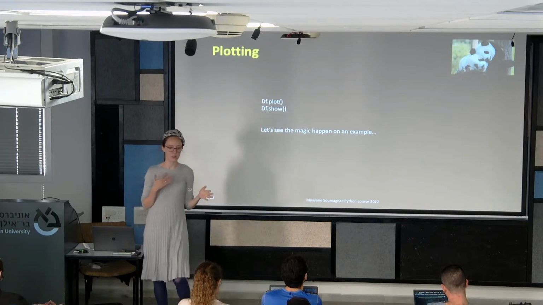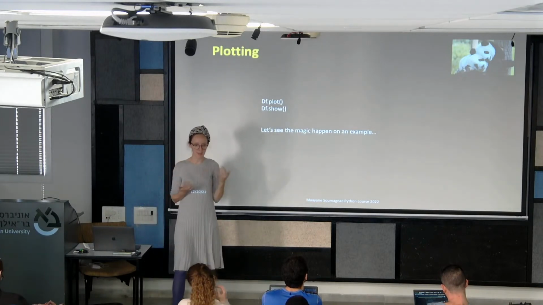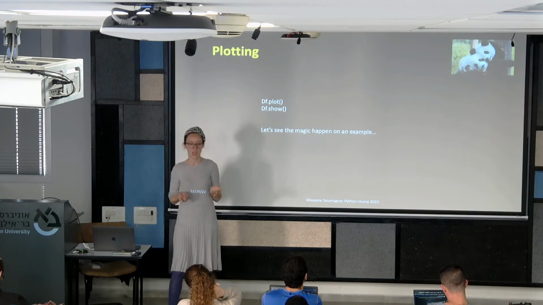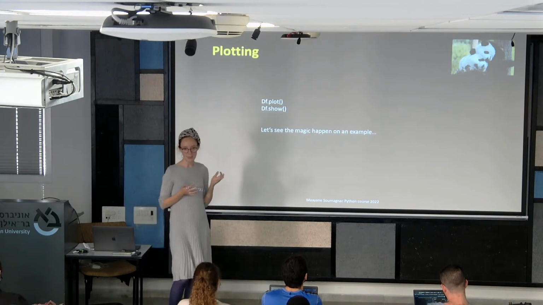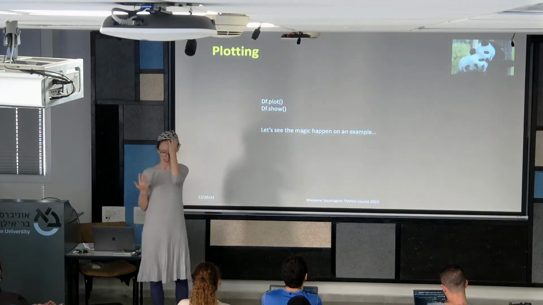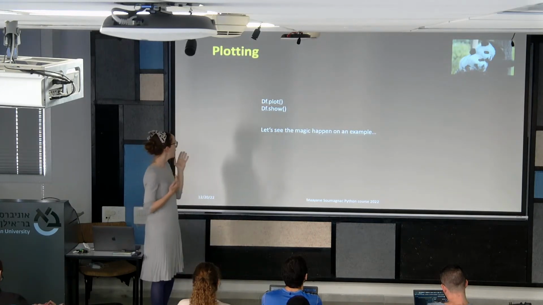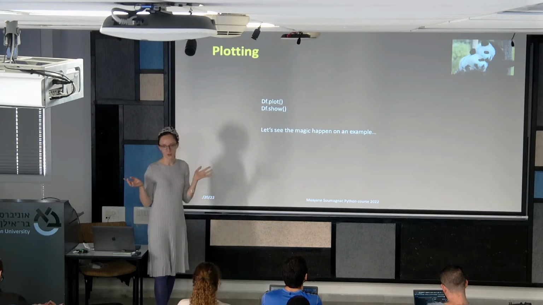Okay, it's the transition between pandas and NumPy, the interface is very smooth. So in the same ways, the interface between pandas and matplotlib, which allows you to plot things, is also super smooth. You can df.plot your data.